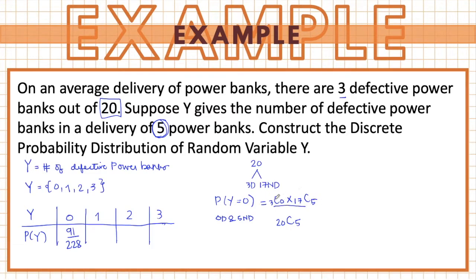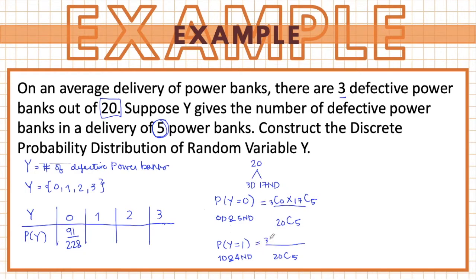Okay? Next, probability that y is equal to 1. So again, our all possible outcomes is 20 choose 5. And then, ang favorable natin, we should be getting 1 defective and the rest are non-defective. So since 5 yung kukunin, 4 are non-defective. So, to solve for the number of favorable outcomes, kukuha tayo ng 1 dito sa 3 defective.